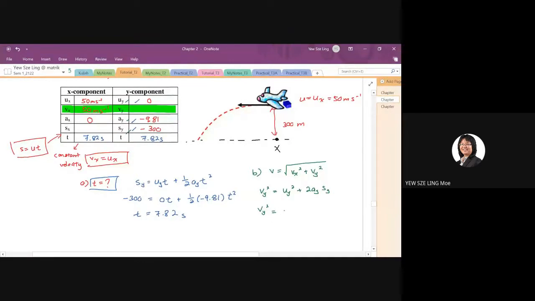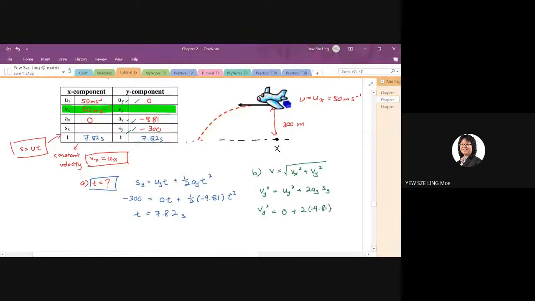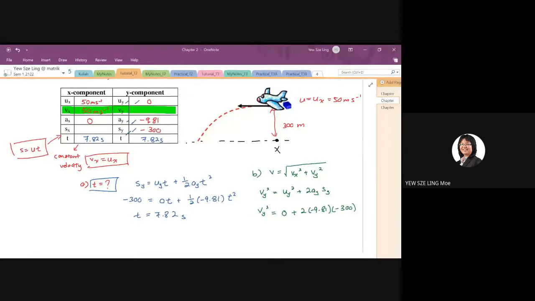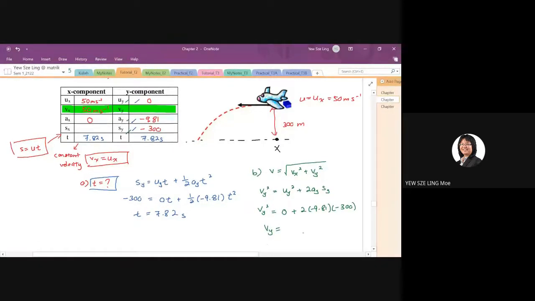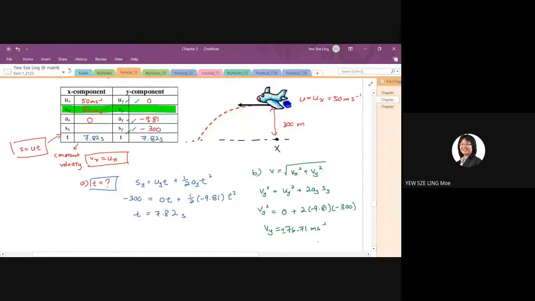So Vy equals 0 plus 2 times negative 9.81 times negative 300. So negative, eventually it becomes a positive value, right? And then Vy equals 76.71 meter per second. But this is a plus minus value.